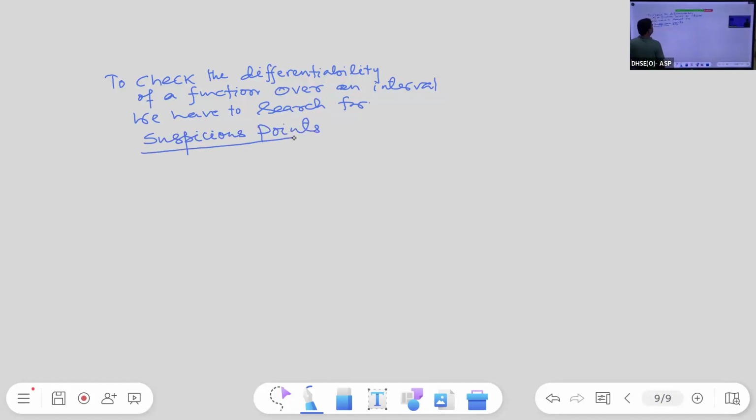Suspicious point means the point at which the function may be non-differentiable. Okay, doubtful points. Suspicious point means doubtful points. Okay, so what are the suspicious points? Write down suspicious points, or doubtful points.